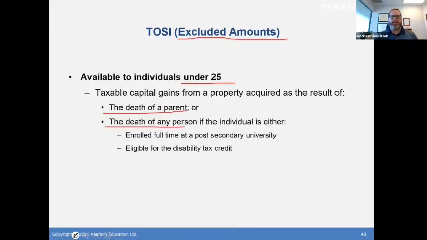I will say, not to get into a big thing about it here, but generally speaking, when you inherit property and things like that, that's not going to be taxable. When people talk about having to pay tax for a deceased person, generally speaking, that's not the case.